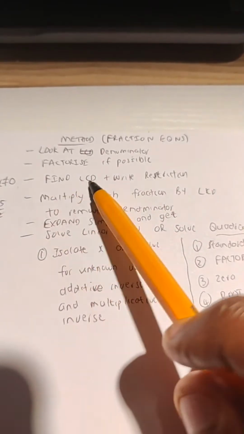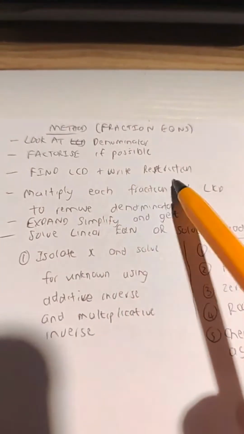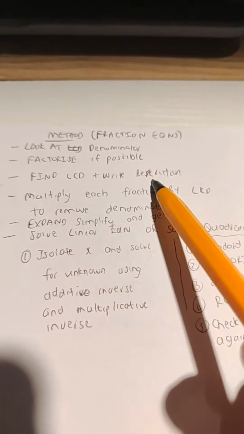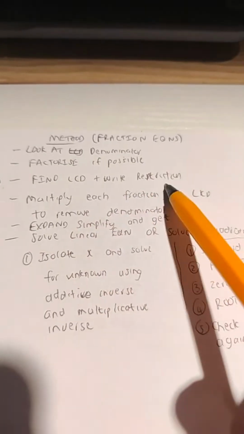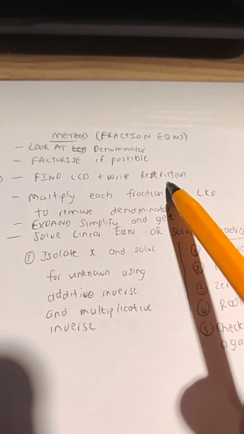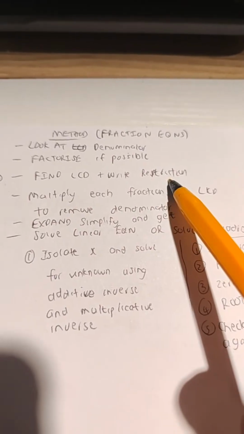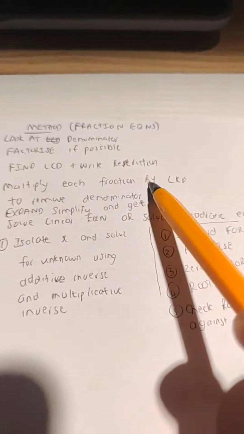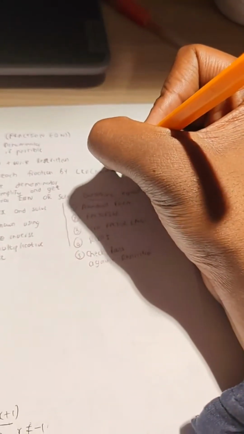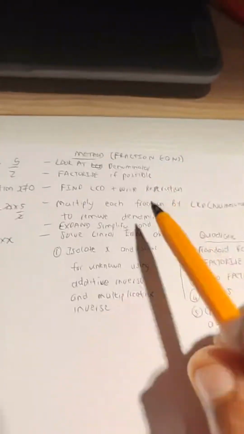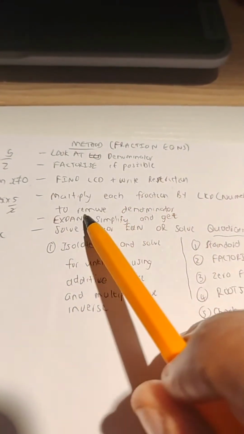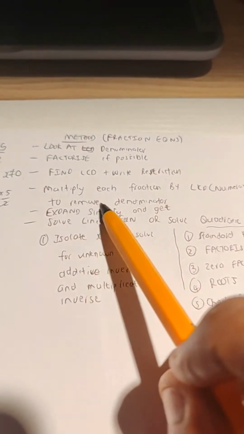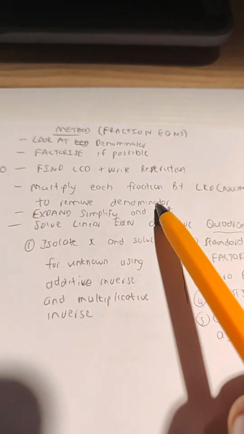Then we find the LCD and write down the restriction immediately, so that we know which values of x to avoid, which basically would make the denominator 0. The next step is you multiply each fraction by the LCD there in the numerator. Then that will give you an opportunity to see who gets cancelled, who gets left behind. That way we are able to remove the denominator.